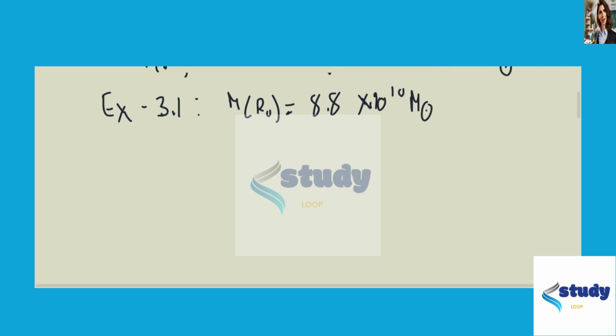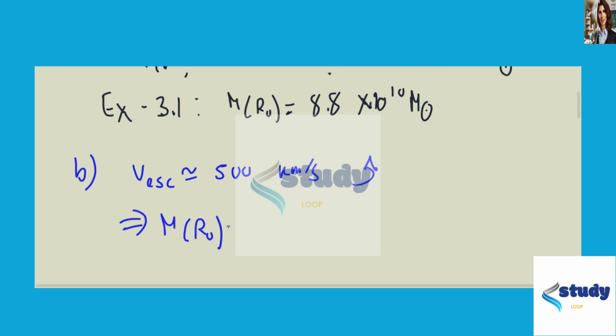And for part B, we're taking extremely high velocity stars, so these have an escape velocity of around 500 kilometers per second. And so replace that in the equation above, and this will give you a mass within R naught of 4.5 times 10 to the 44 grams, which is about 2.25 times 10 to the 11 solar masses.